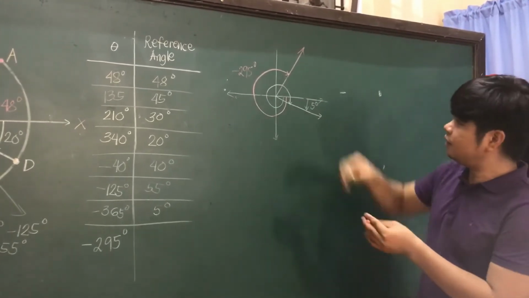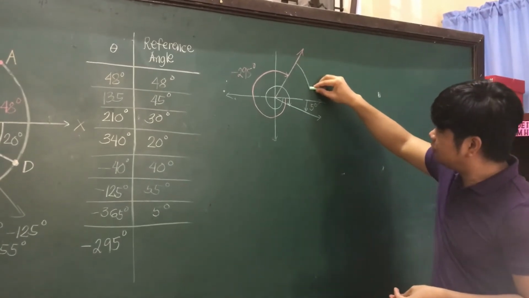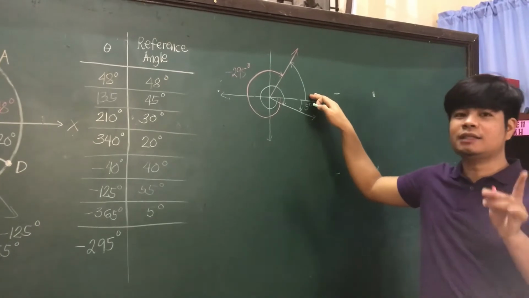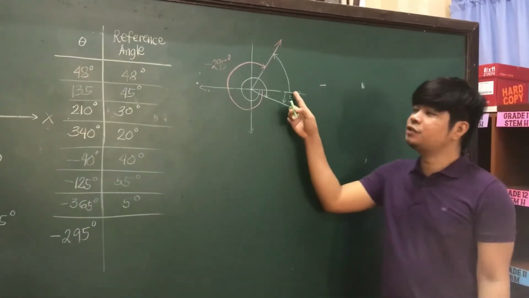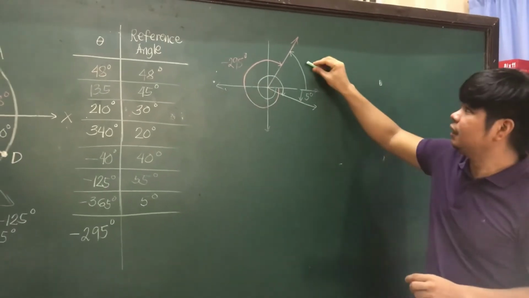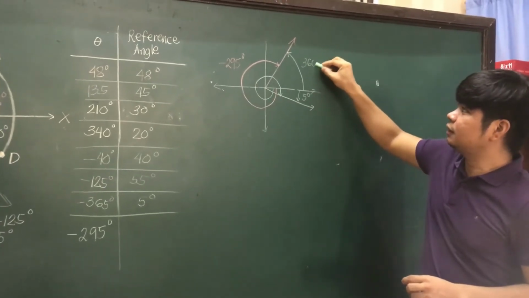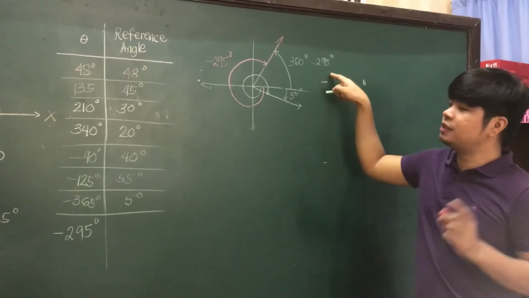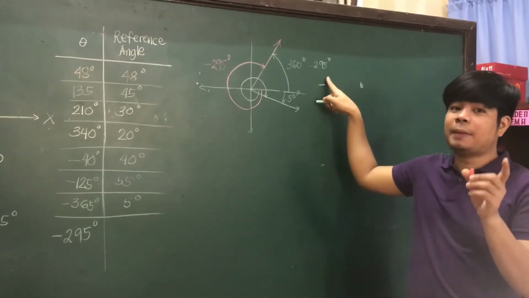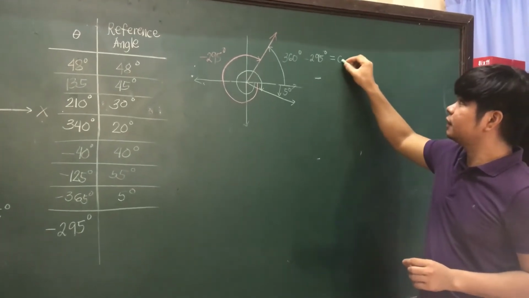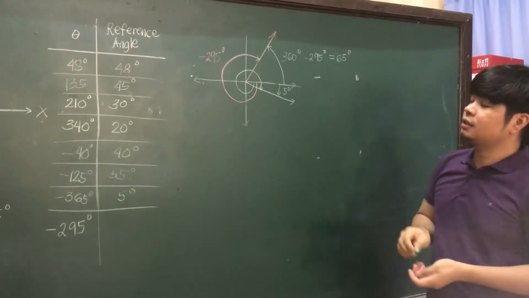Okay, so there is an acute angle formed here that represents the reference angle. And what is that? So how do we solve the reference angle of this negative 295 degrees? It can be solved using this: 360 degrees minus 295 degrees. We can use this immediately to get the positive value or the acute angle. Okay, so the answer is 65 degrees.